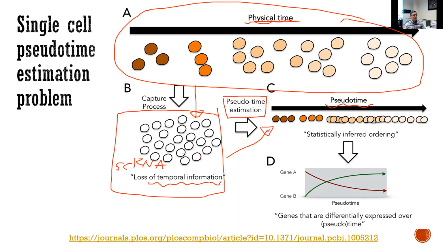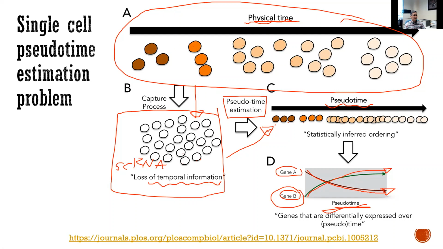Because you order the cells by the pseudotime, you can follow individual genes' expression. For example, you look at gene A's expression across all the cells, and this gene A's expression level decreases with the increase of the pseudotime, and on the other hand, gene B has an increased level of expression along the pseudotime axis.